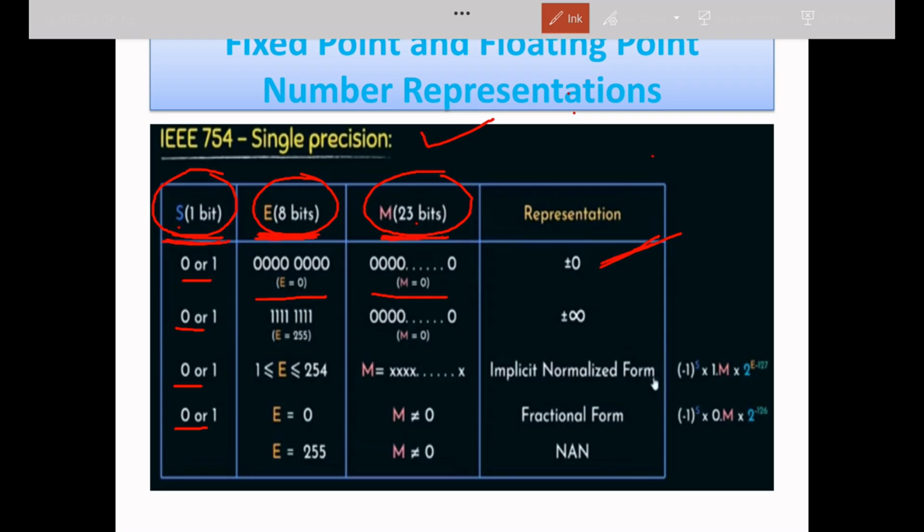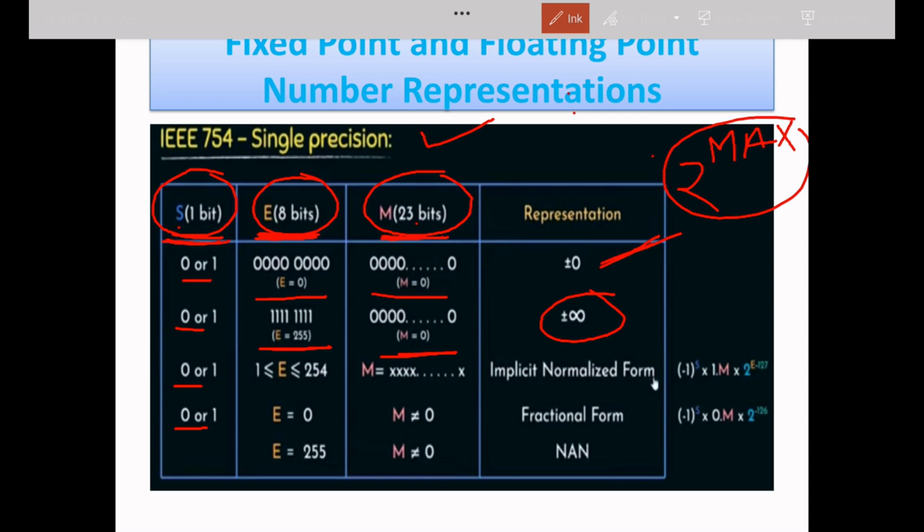Second, if the exponent is all 1s, meaning 255, the maximum, but the mantissa is 0, this is the maximum number. What is the meaning of this? Exponent all 1s means E is max.